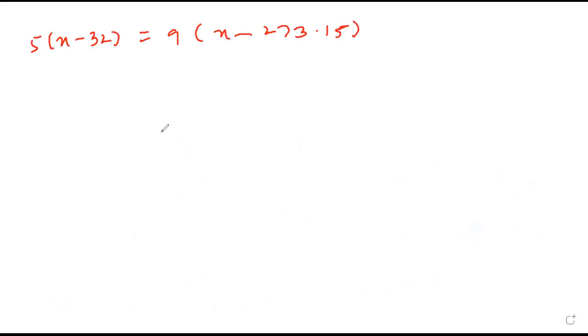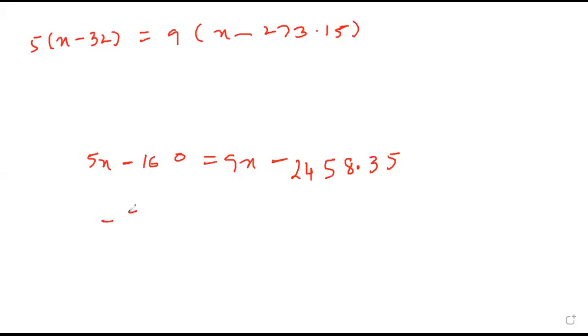This will be 5 into X, 5X minus of 160 equals 9X minus 9 into 5, 45, 9 and 4, 13, carry 1, 9 3s are 27 and 1 28, carry 2, 9 into 7 63 and 2 65, carry 6, 9 2s are 18, 18 and 6 is 24 after 2-digit decimal.